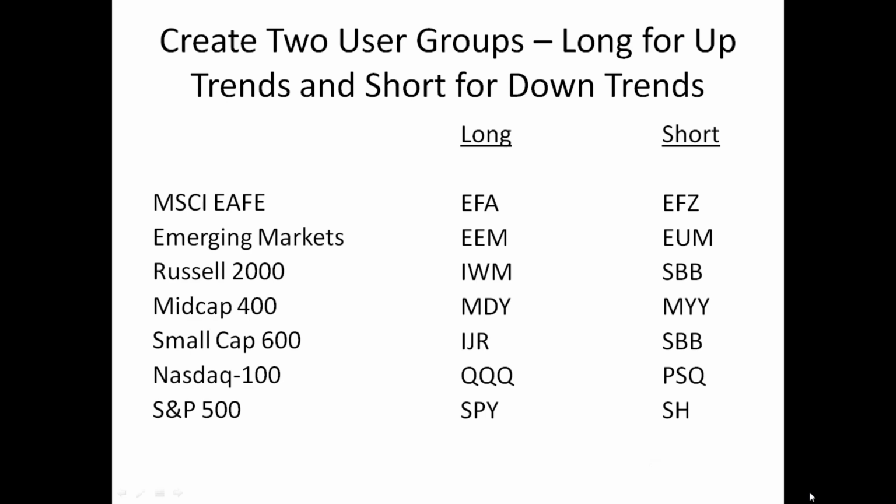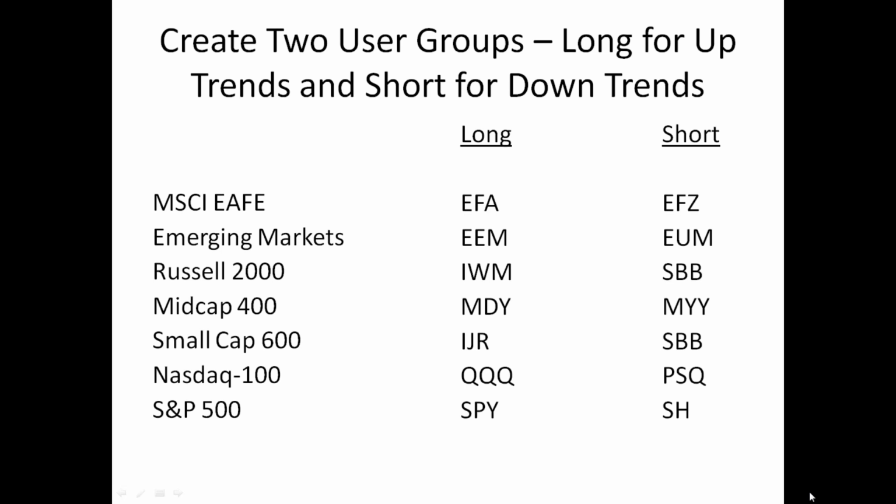Now, you begin by creating two user groups, a long group for uptrends and a short group for downtrends. And on this slide, you can see the proxies that I'm using for large cap, small cap, and mid cap, as well as international.